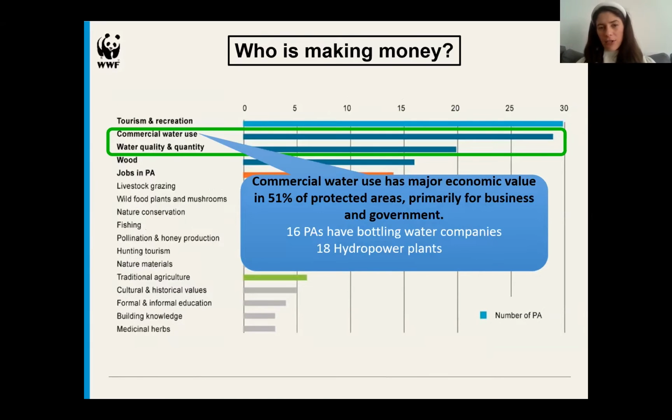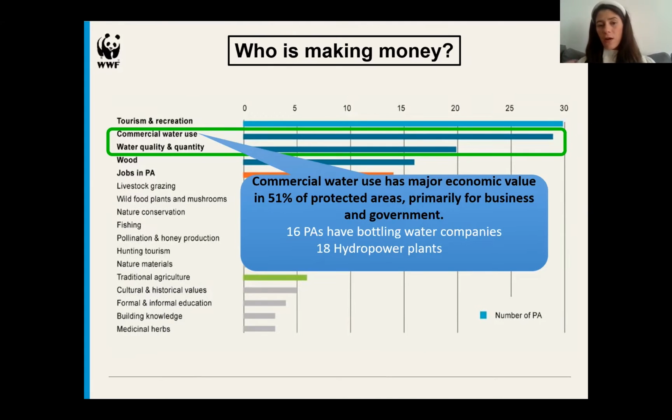The second value, which is really high regarding income, because in PA-BAT we can only use a $1 or $2 sign, but through the discussion and notes you can see that the income is really high from commercial water use. So in almost half of the assessed protected areas, some of the stakeholder groups are having income from water.